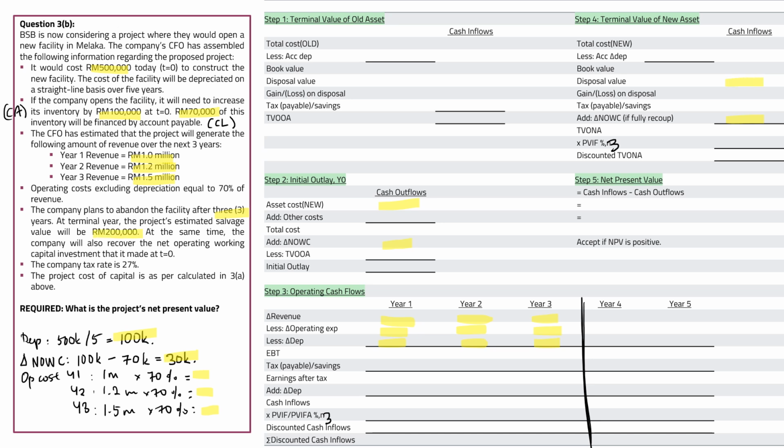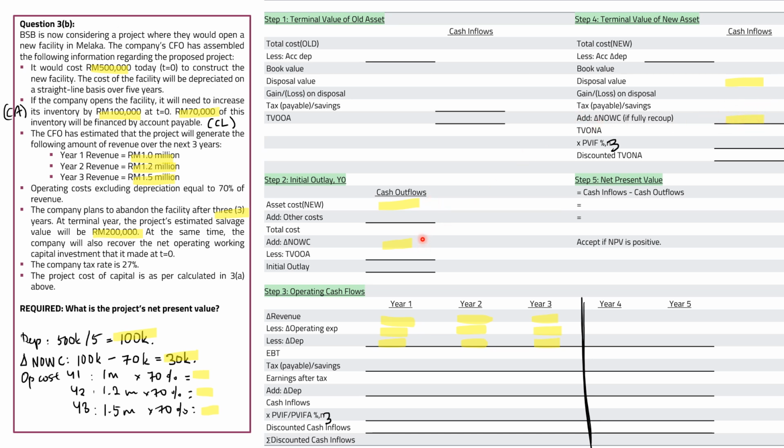So salvage value 200,000, put it here. At the same time, the company will also recover the net operating working capital investment. Yes, so it is true then. The net working capital we outlaid in the beginning, we will get it back at the end of the year.